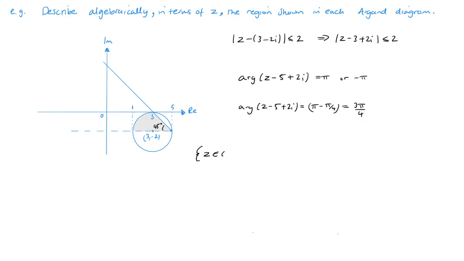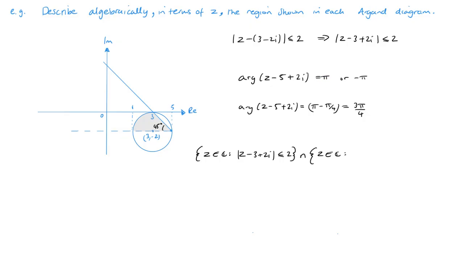So z is an element of the complex numbers where |z − 3 + 2i| is less than or equal to 2, and that is intersecting, so and z is an element of the complex numbers. Now we're going from the 3/4 π down to the π.